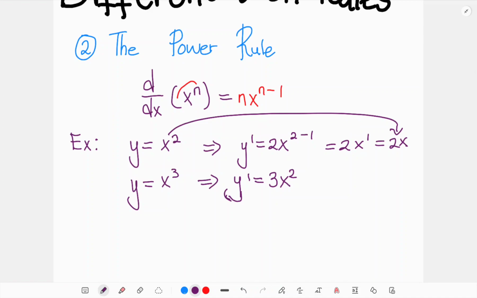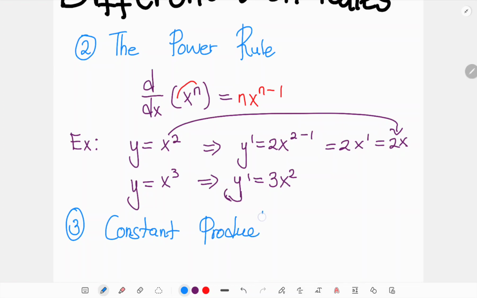Another law that goes with this one is called the constant product rule. This is law number 3.